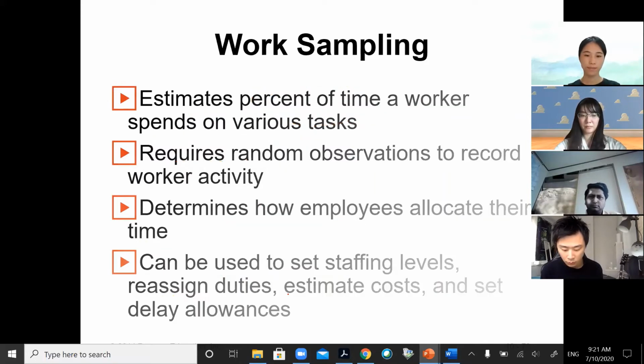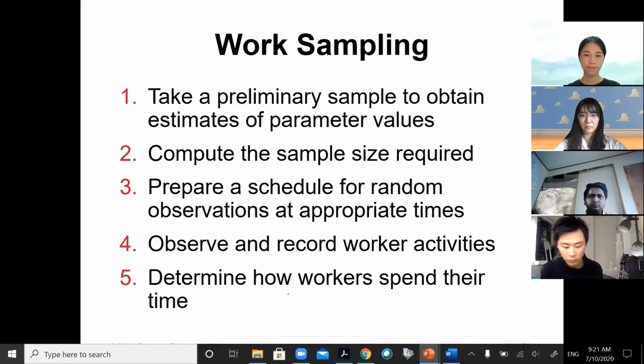How we do work sampling is we take a preliminary sample to obtain estimates of parameter values. For example, you have clerical work in an office. Clerks are preparing documents, doing some typing, preparing letters and so on.